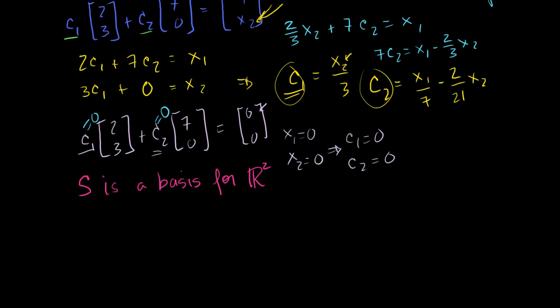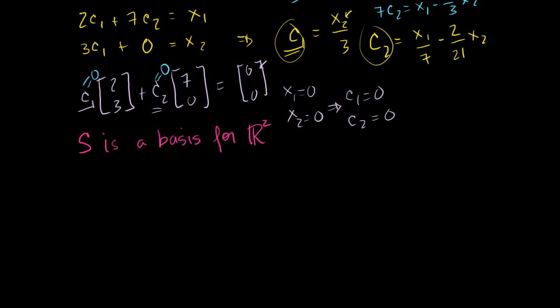Well, I could draw a trivially simple set of vectors. I could do this one. Let me call it T. If I define T to be the set (1, 0) and (0, 1), does this span R2?